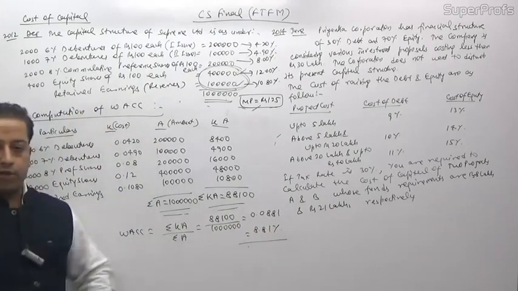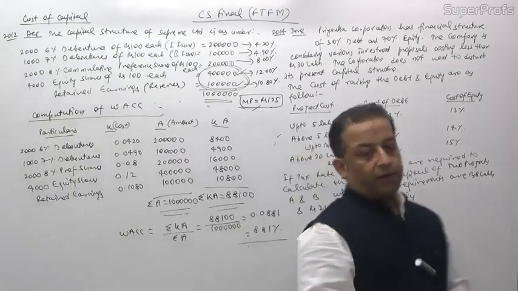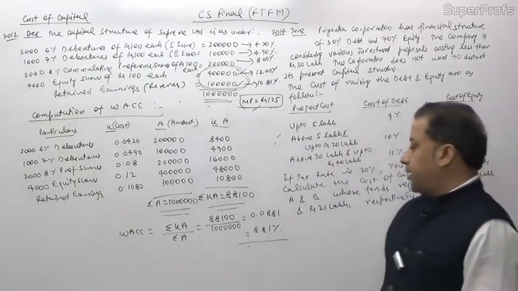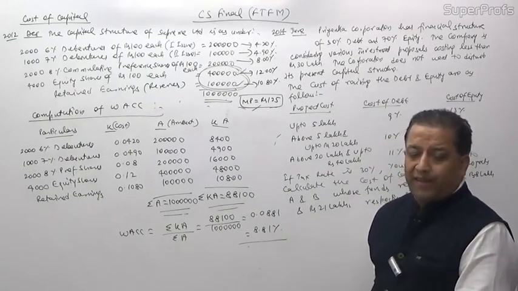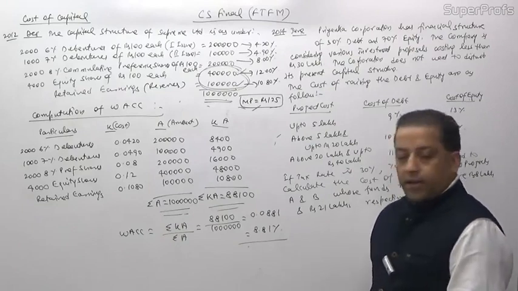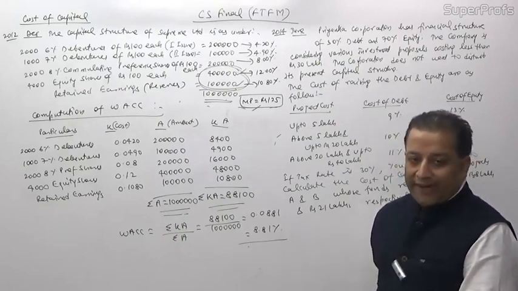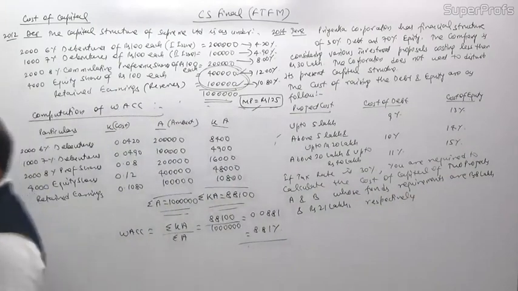The weighted average cost of capital in this case, as we calculated, is 8.81%. So please note down this portion of the solution.